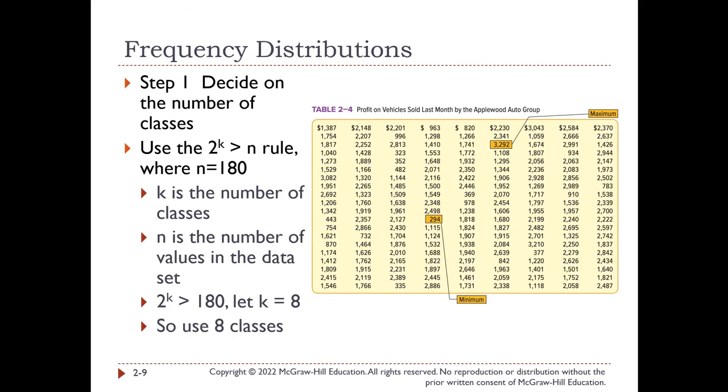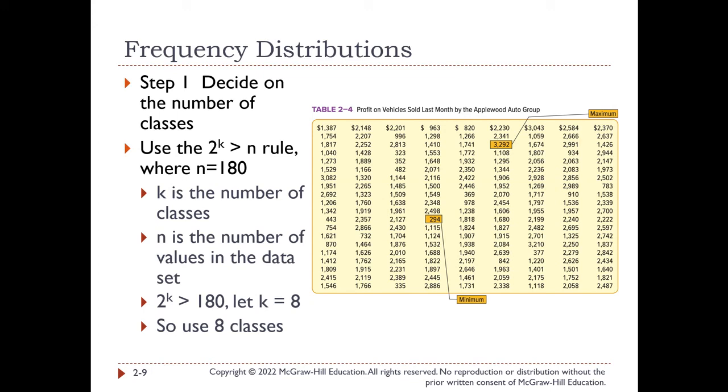Alright, so step number 1. We're going to decide the number of classes. Now, the way to do this is we're going to use what is called the 2 to the k is greater than n rule, where n is the total number of values that we have in our data set.